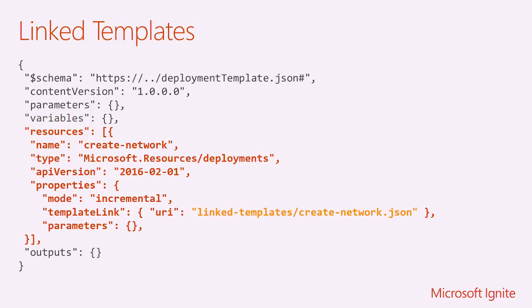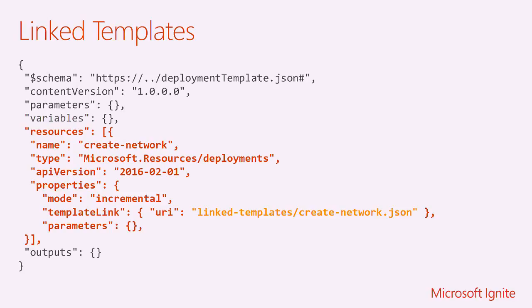Then we have resources. Now resources are what you might expect. This is where we're actually going to provision the resources into Azure. So this is an array of resources. In this particular example, we are going to call out to another template. We have this create network resource, and it's going to call out to this other template here.